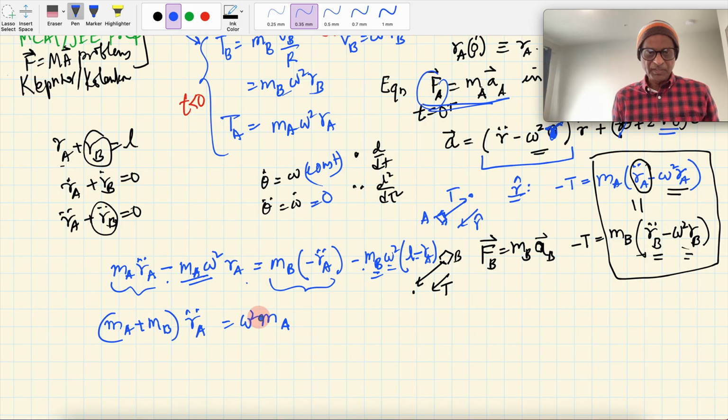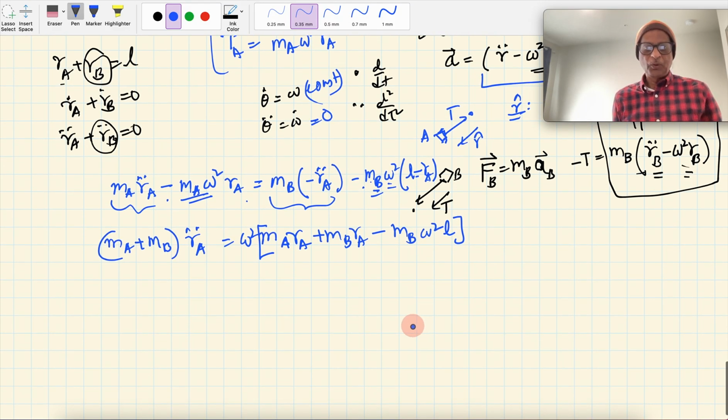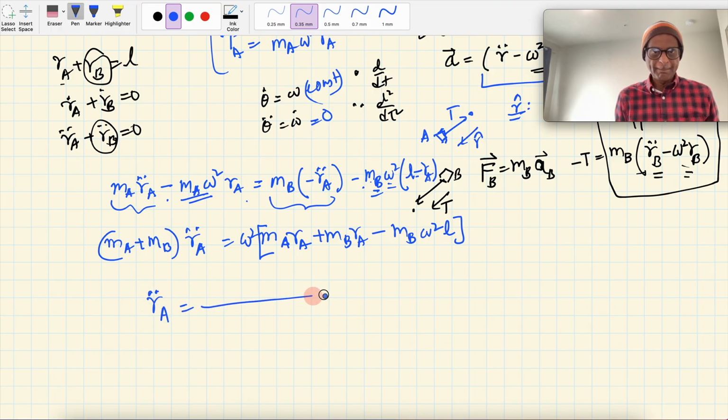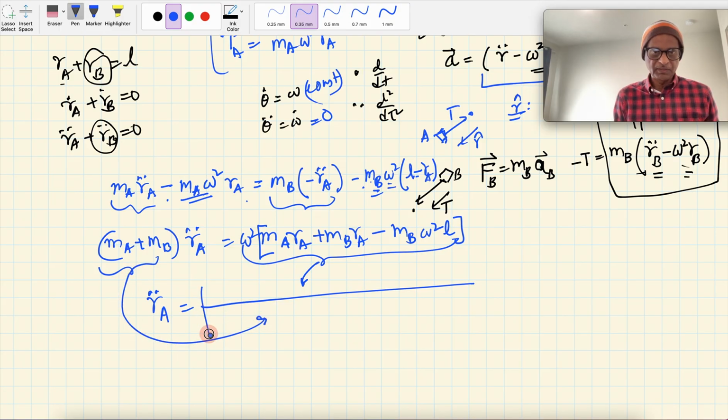So if you look at this omega square part, I get M_A r_A from here, I get M_B r_A from here, and I got minus M_B omega square L. I hope I'm not making a boo-boo here. So this is going to be this whole thing in the numerator and this whole thing in the denominator. And that would be the answer.